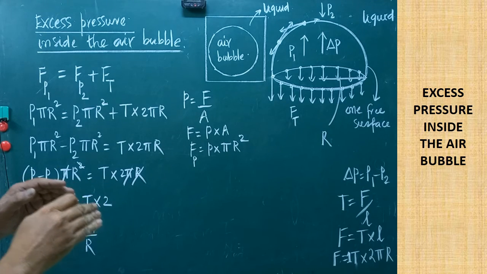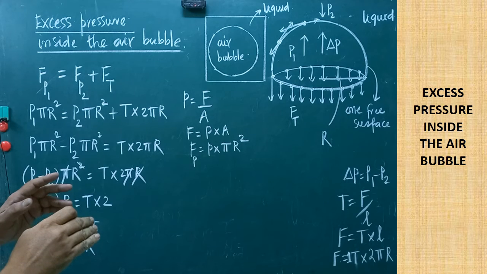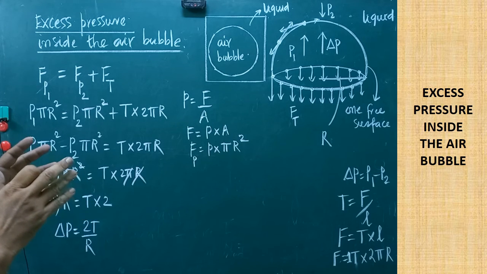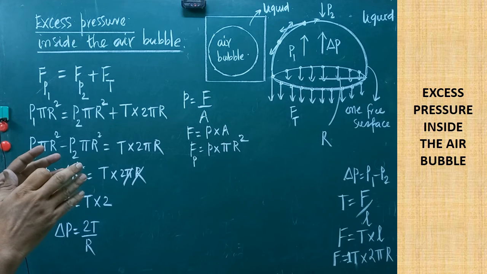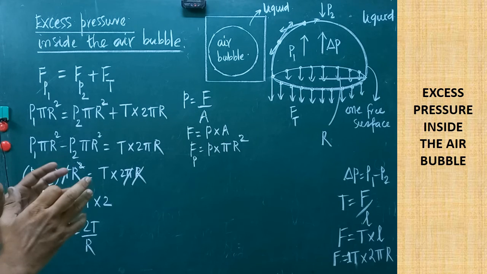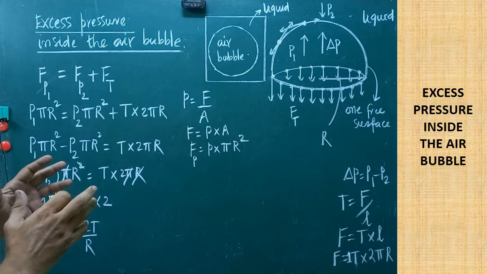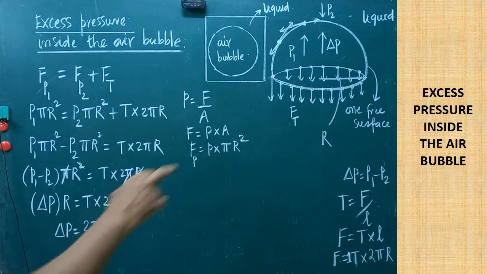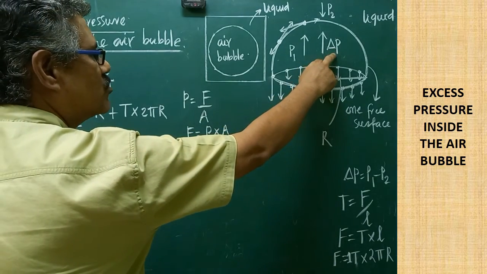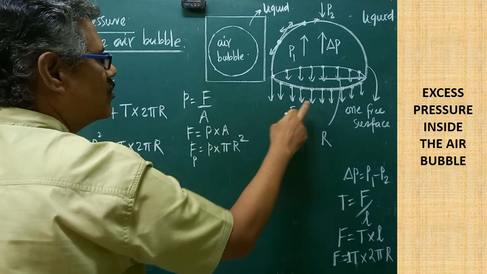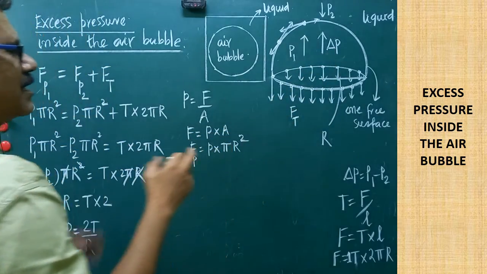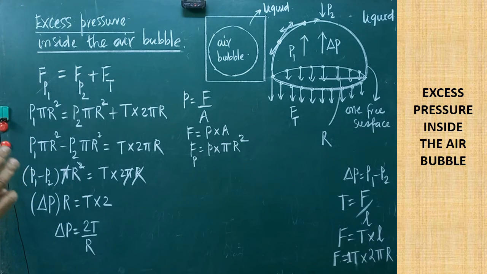The purpose of learning excess pressure is to understand how the bubble is in an equilibrium condition, how the air bubble always remains in the same shape and maintains its shape. As long as the force due to excess pressure is equal to the force due to surface tension, the bubble will remain in a spherical shape. That is the purpose of learning the excess pressure.